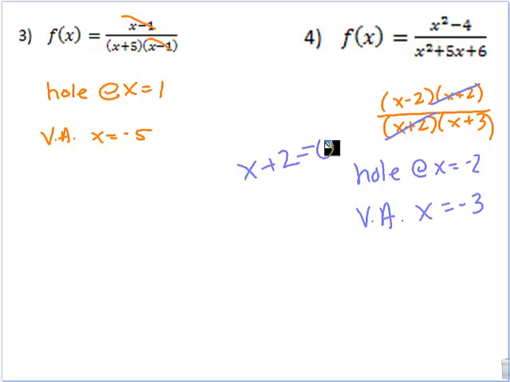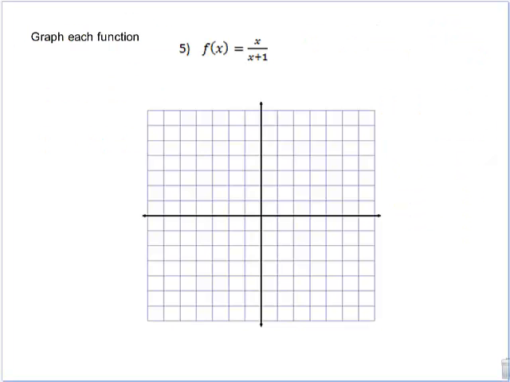Okay, we're ready to try graphing one of these. Graph f of x is equal to x over x plus 1. When we go to graph these, we want to decide first if we have vertical asymptotes or holes. Here we have a vertical asymptote.